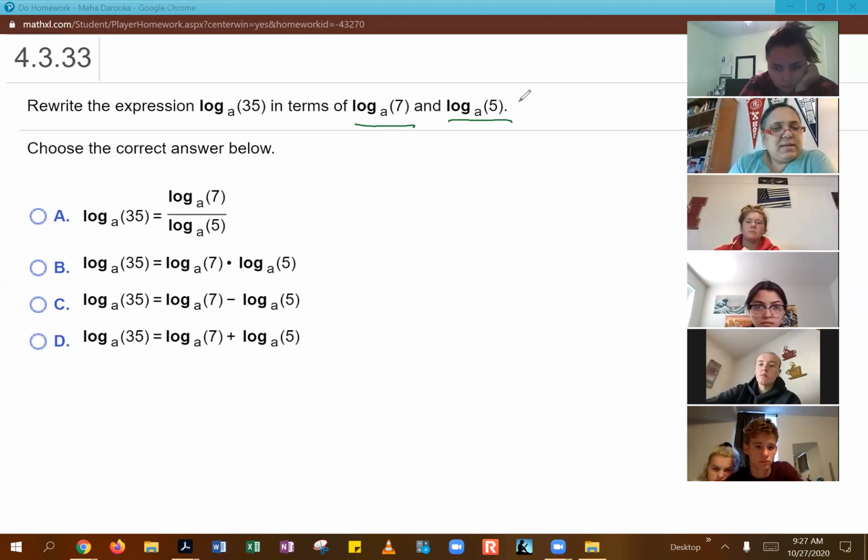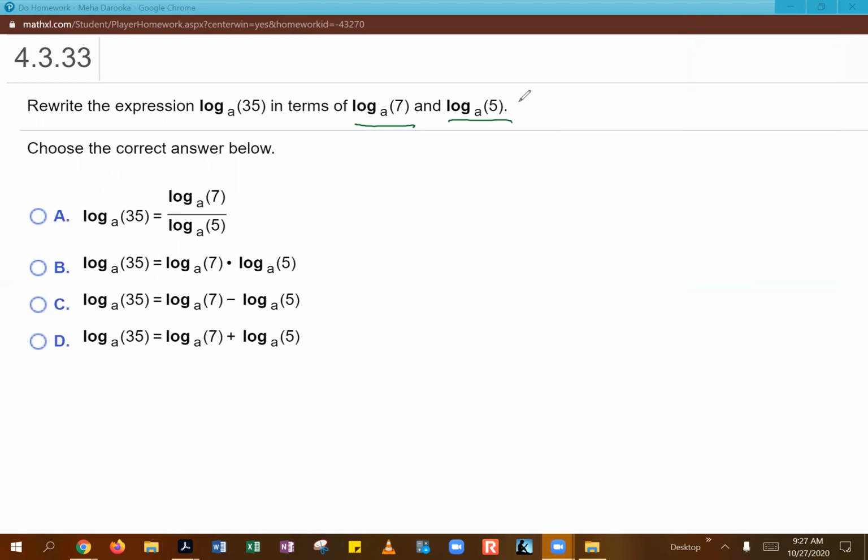Okay, let's see. Noah, you're going with option B over here. So log of 7 plus log of 5. Okay, so let's take a look at this guy. Dalton, you're doing the same thing, Jacob. So when you are given log of 35 with base A, we can rewrite 35 as 7 times 5, right?